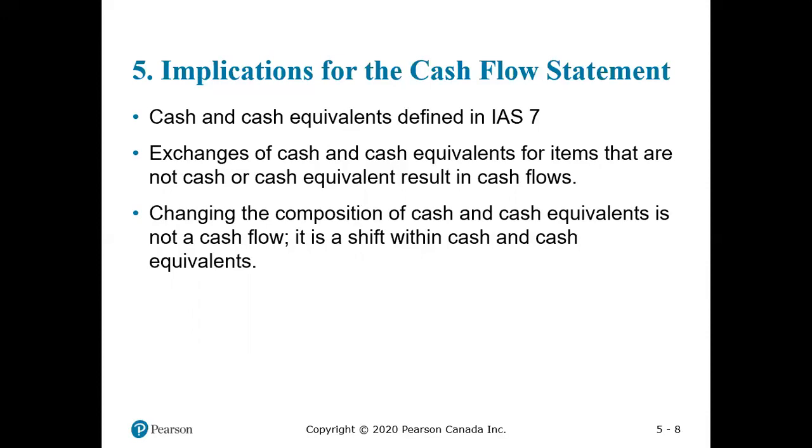Changing the composition of cash and cash equivalents is not a cash flow, it's just a shift within cash and cash equivalents. An example of this would be if you buy a 3-month GIC and you pay cash for it, it doesn't actually change the balance of cash and cash equivalents since they're both included in that balance. It would just change the composition of how much of that balance is cash and how much of it is cash equivalents.